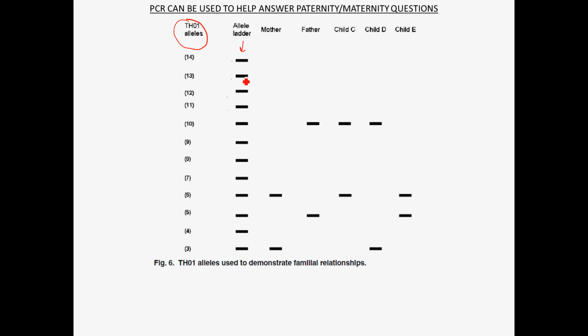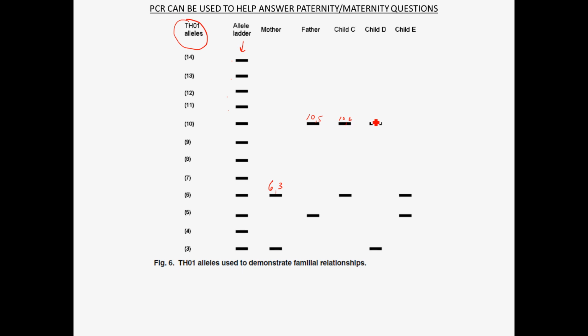These are all known alleles, and the mother was known to have allele 6 and allele 3 on that chromosome 11, so her genotype would be 6-3. The father's genotype here is 10-5. Child C, that genotype is 10 and 6.